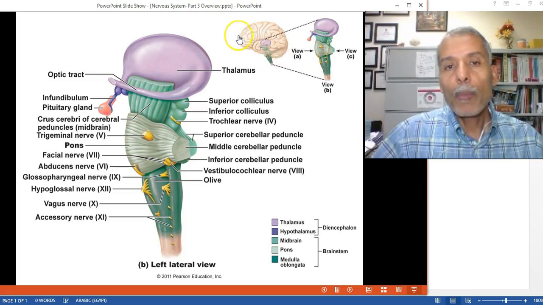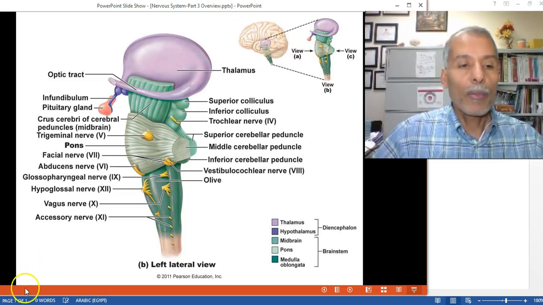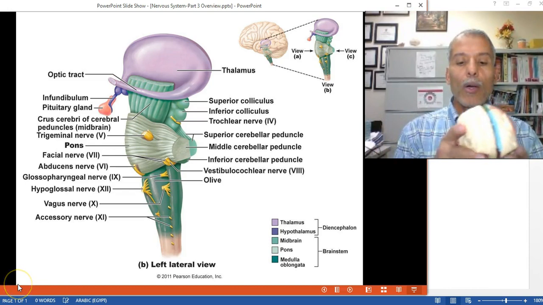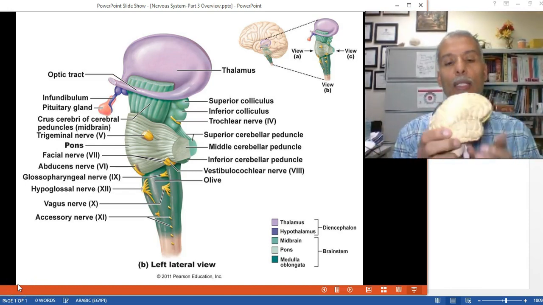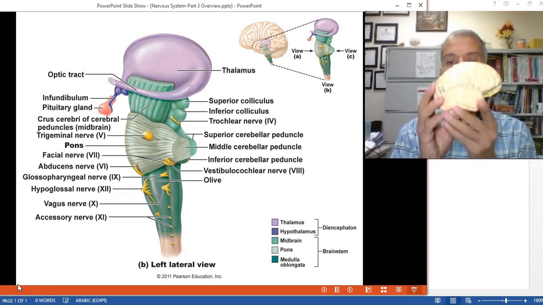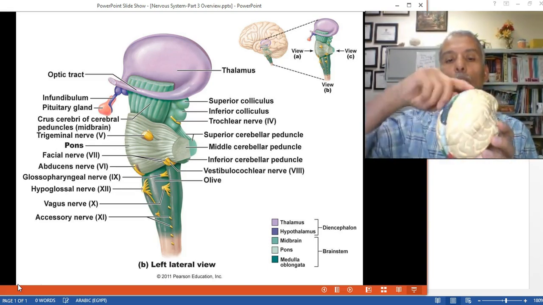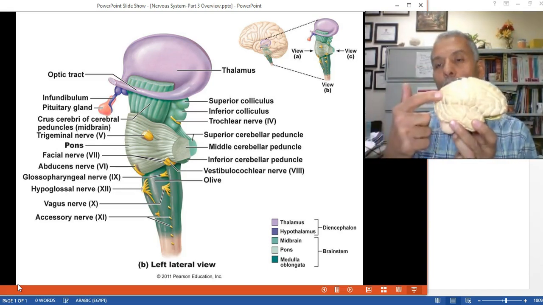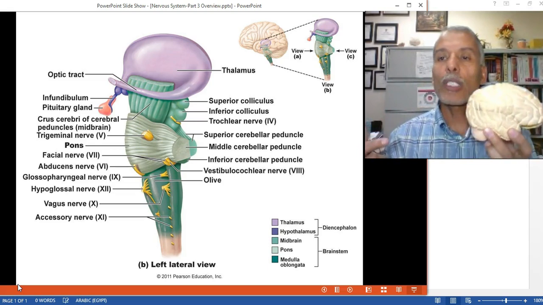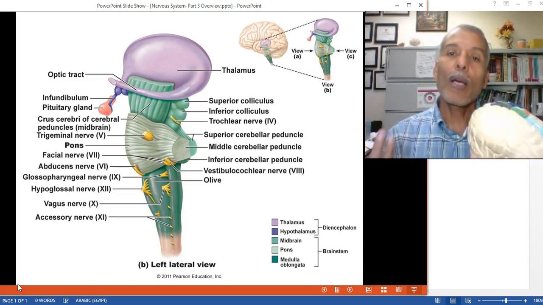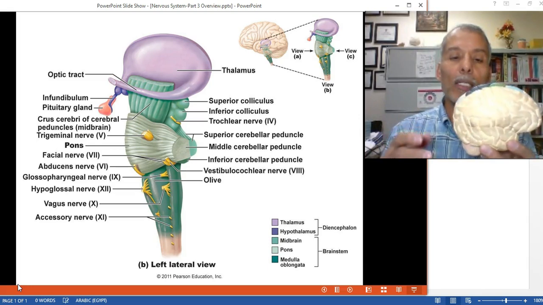So that big part is the cerebrum. What we see outside, the cover of the brain with all of its convolutions, we call the cortex of the cerebrum, or in other words, the cerebral cortex.